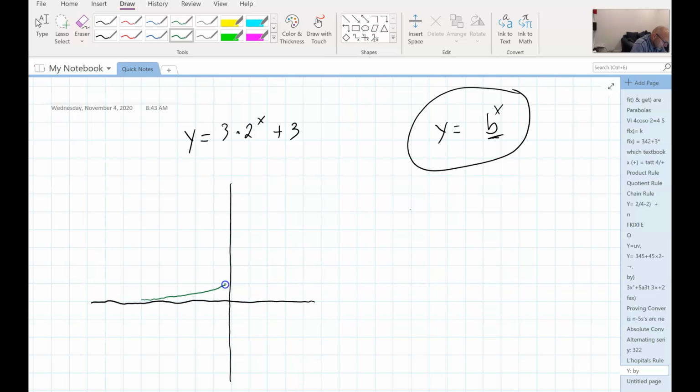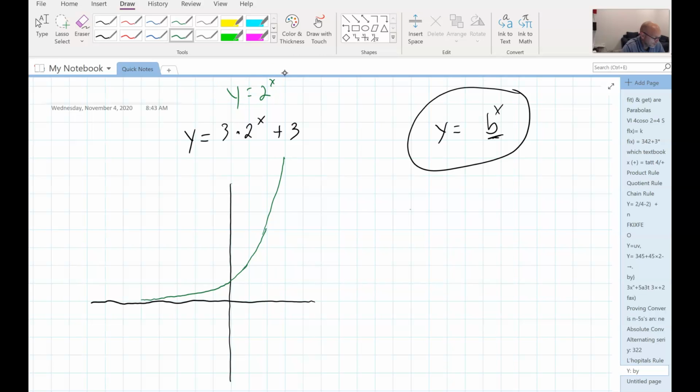It would cross right there. And then from 1, since I'm just multiplying over and over by 2, it would go to 2, and then to 4, and then to 8, etc. That's the rough sketch of y equals 2 to the x.